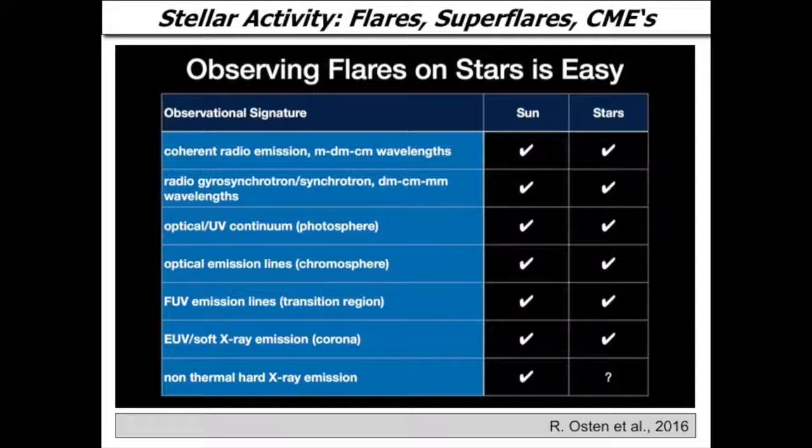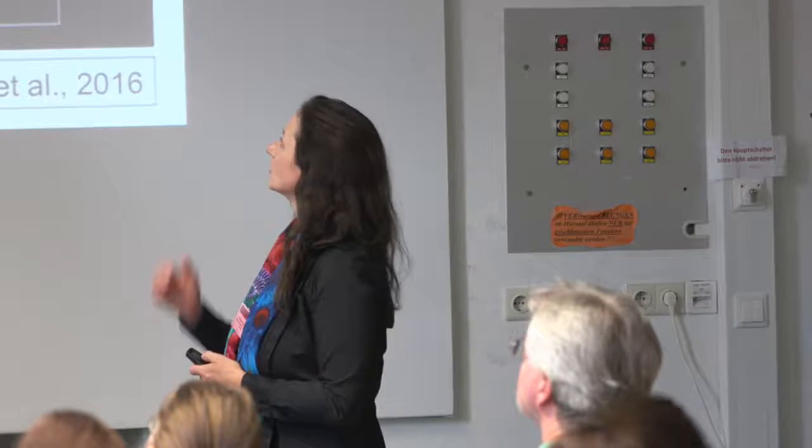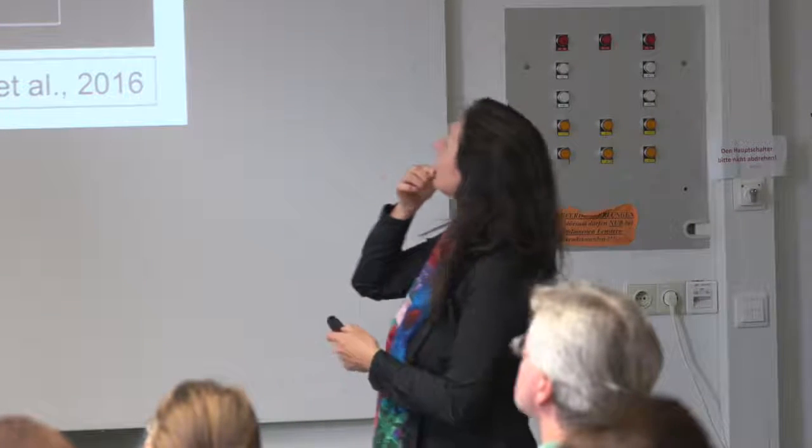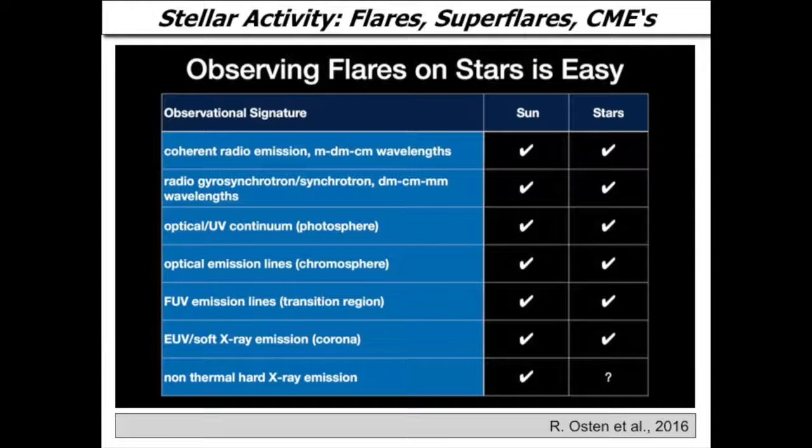I mentioned already, observing flares on stars is easy, and we want to do that because we want to get statistics. We want to find out how often flares are occurring on other stars to be able to study and model their influence on planetary atmospheres. They can be studied via coherent radio emission in long wavelengths for the Sun and for stars.